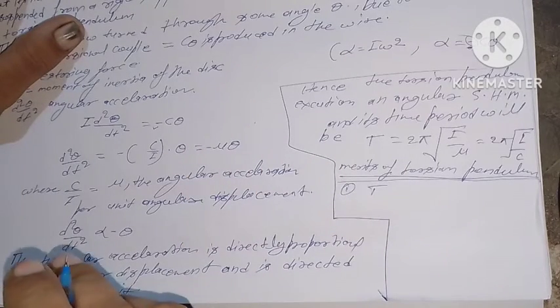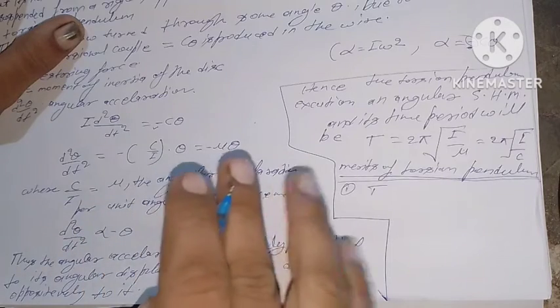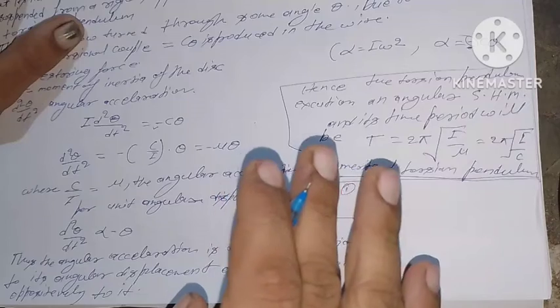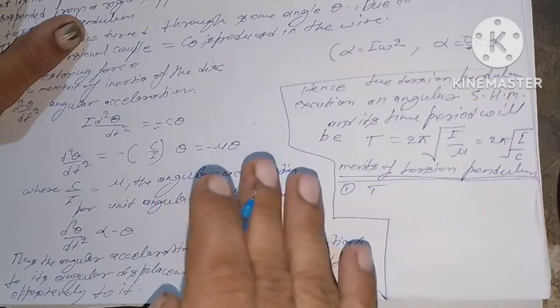This is because the center of gravity of the suspended body, instead of moving in an arc, remains fixed in its position.